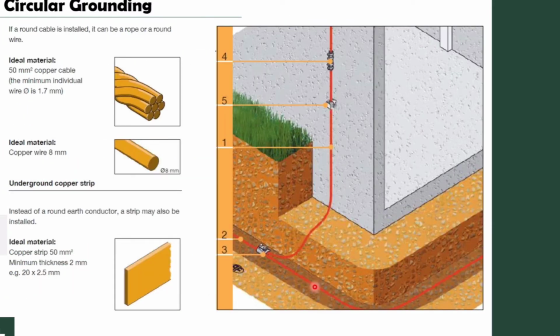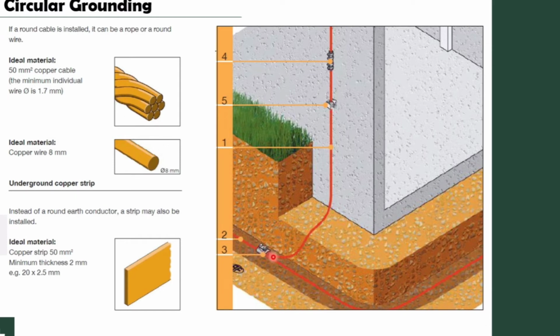And for the second type of the grounding system, which is the circular grounding, I drill a hole around the building, as you see here in this picture. I make a trench or holes around the building, and after that I should install a bare copper wire. As you see here, this is a bare copper wire. And here it is mentioned that the minimum cross-sectional area must be 50 mm.